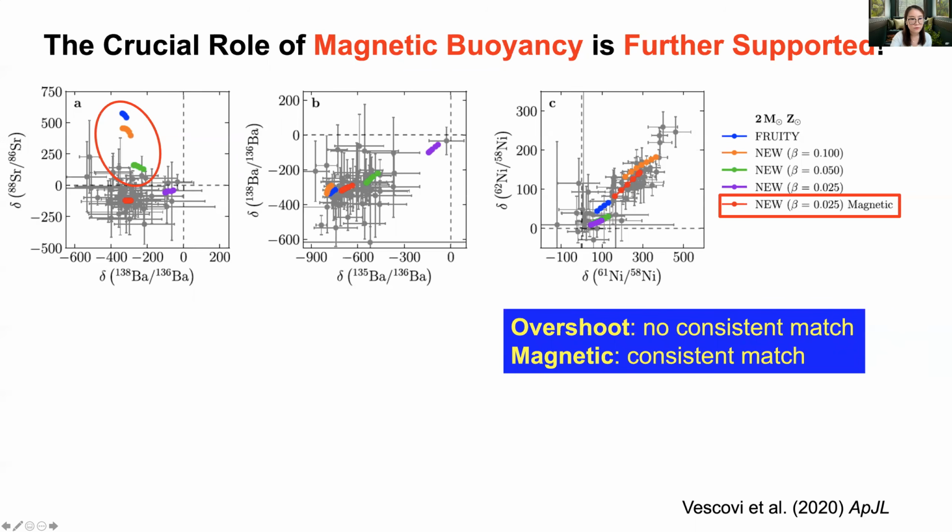We see most of these models predict too high strontium-88 abundances, meaning higher than needed amounts of neutrons are trapped at this first bottleneck. In contrast, once the effect of magnetic buoyancy is included, the resultant carbon-13 formation leads to a consistent explanation of the grain data, as shown by the red circles here.